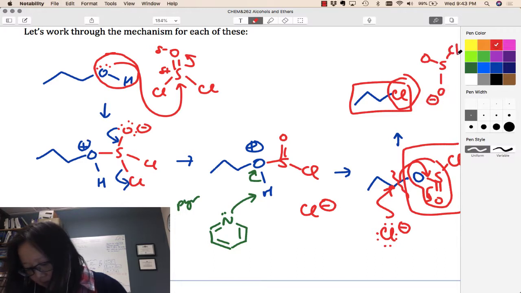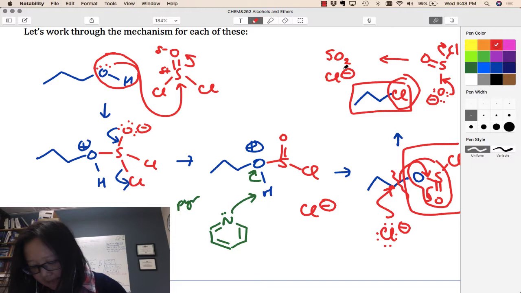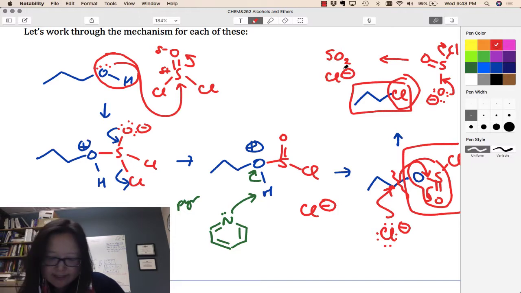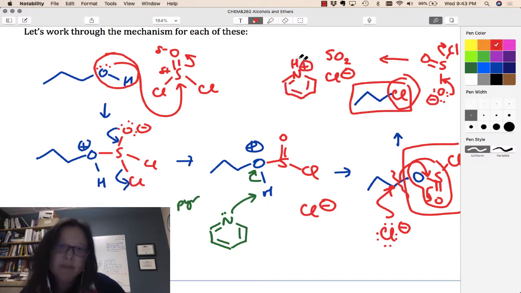I'm showing this going like that, and then this can come down and expel that, ultimately giving me SO2 and Cl minus. And then you have protonated pyridine as well, which you don't have to draw, but I'm just going to draw it for fun. So pyridinium chloride and SO2 are byproducts of this reaction.